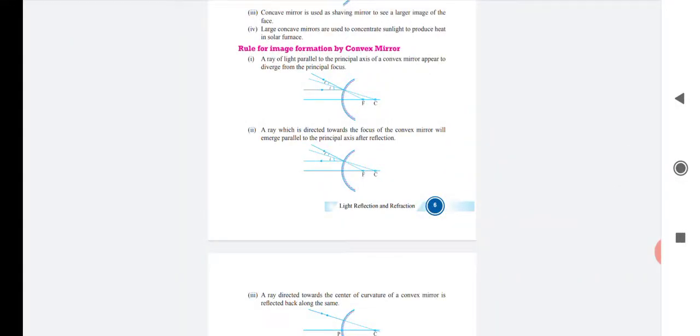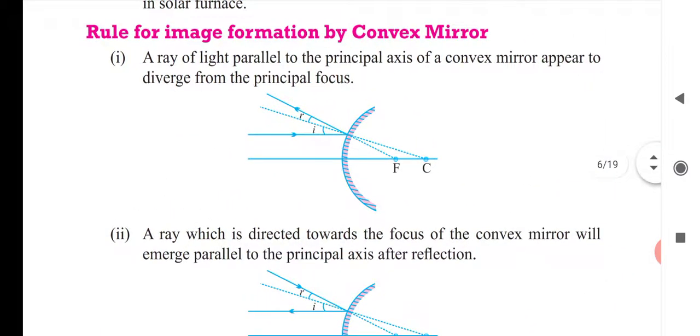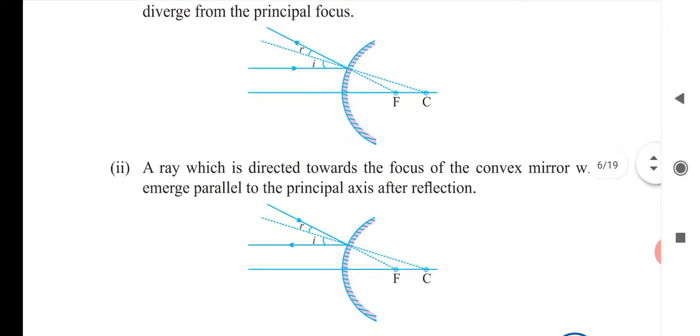Let us review once again. First, if you send a ray parallel to the principal axis, after reflection the ray will diverge, and if you produce the divergent ray backwards, it will always meet at the focus. Second, if you send a ray appearing to pass through the focus, after reflection it will emerge parallel to the principal axis.